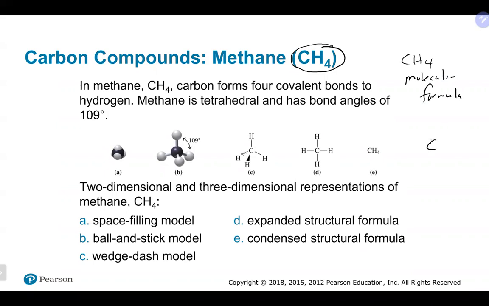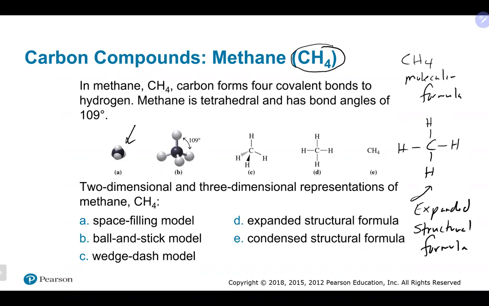This is drawn out kind of like a Lewis structure here where we show all the bonds to hydrogen. This is sometimes what is referred to as the expanded structural formula. Again, that's sort of a computer modeled formula.